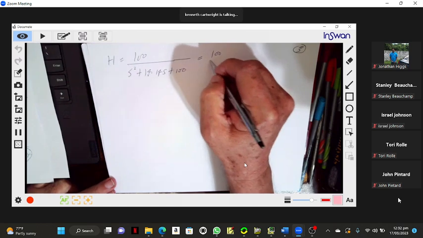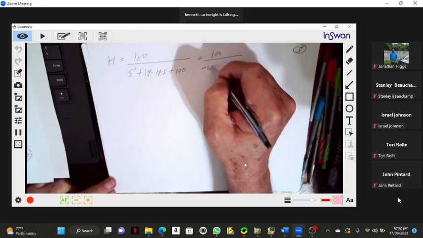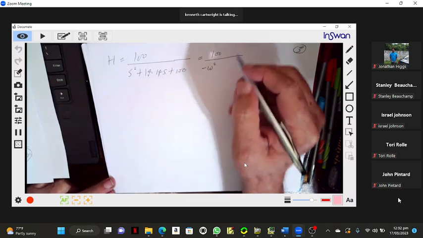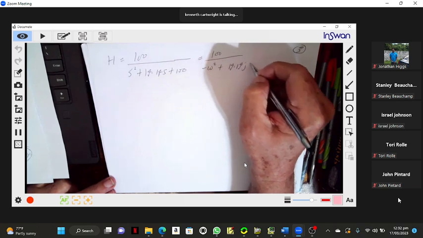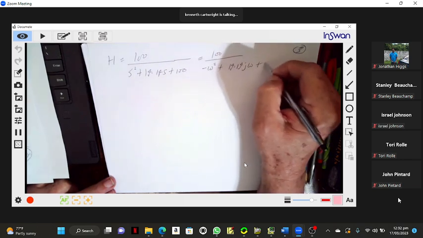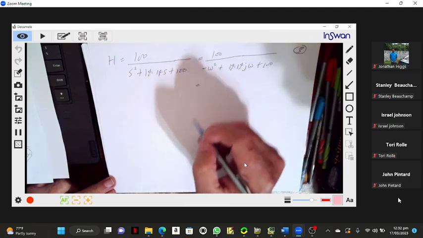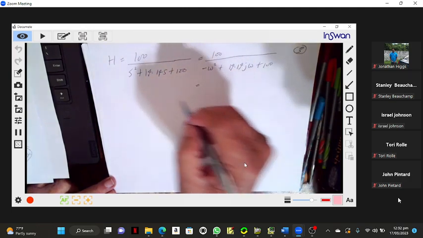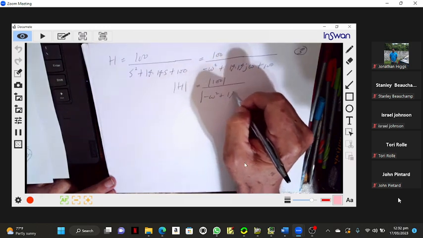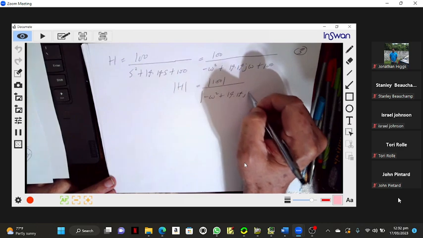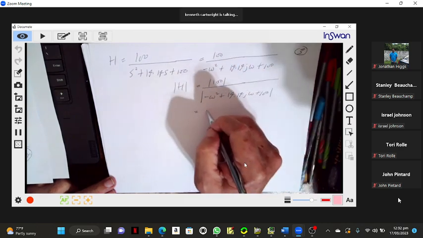Where we have s squared, we need negative omega squared plus 14.14 j omega plus 100. Okay. The magnitude of 100 is 100. So that's 100.